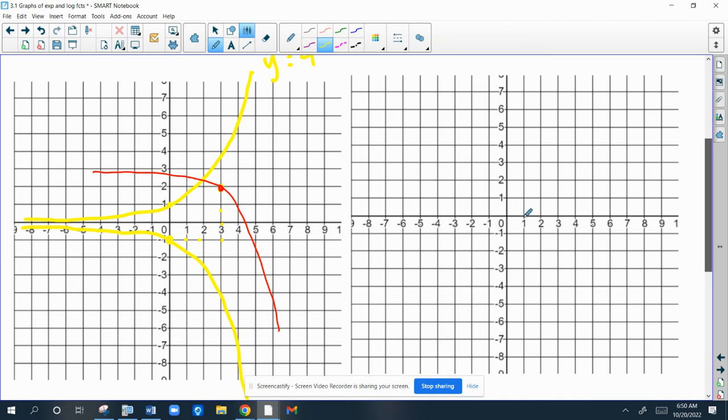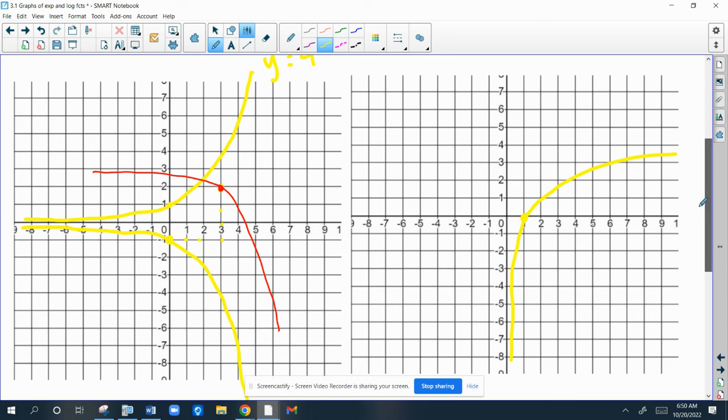Log functions always go through (1, 0). So opposite the exponential, which was (0, 1). And it looks like there's a vertical asymptote at x equals 0. And then it really flattens out. It still keeps going up, but it goes up very, very slowly. So that's your basic log graph.